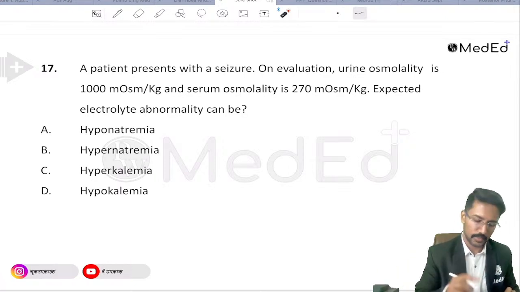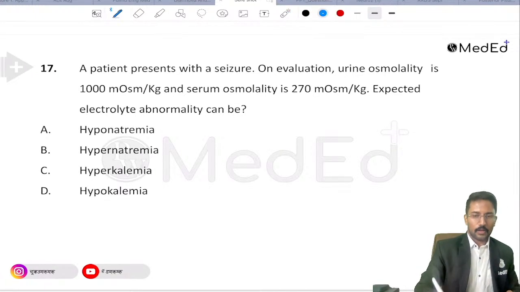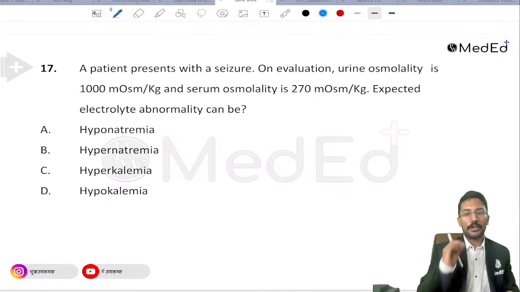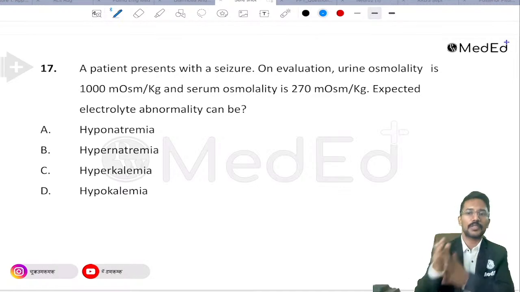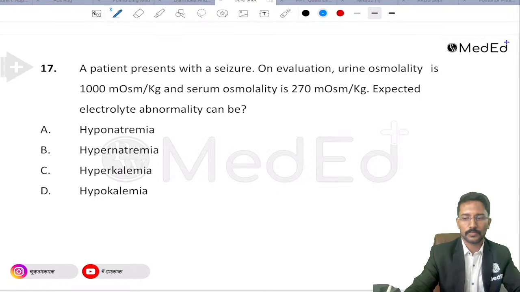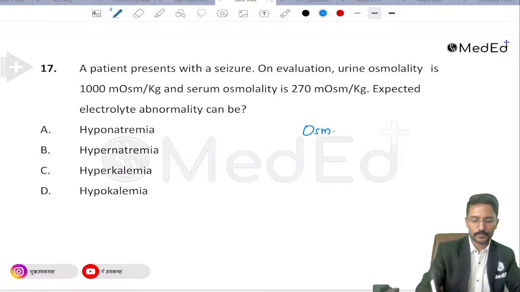It's very straightforward, right? Now, what are the components or contributors to serum osmolality? What are the osmotically active substances in the plasma, in the blood, which contribute to the serum osmolality?